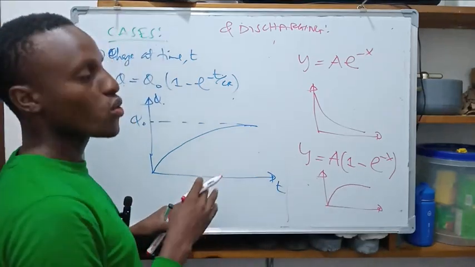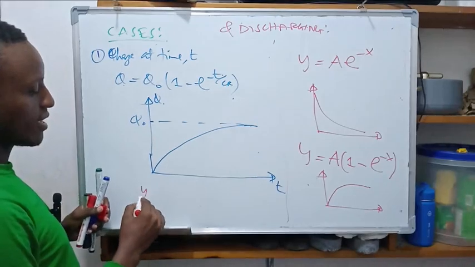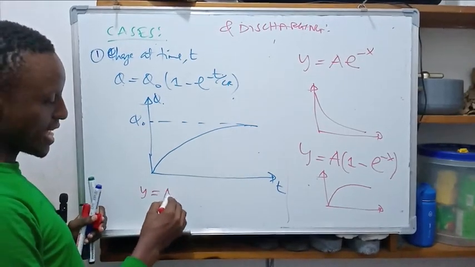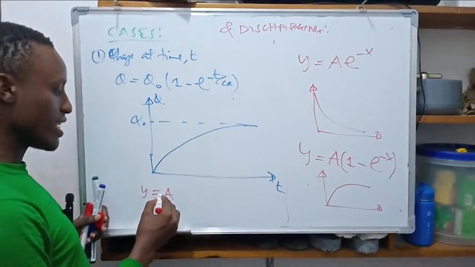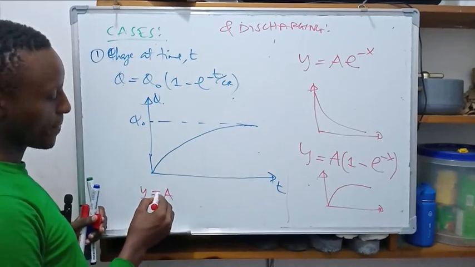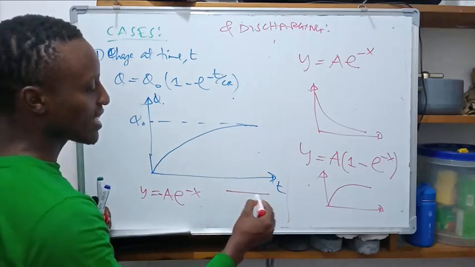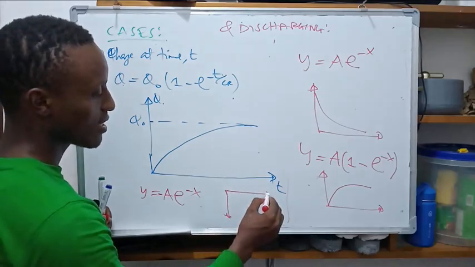When you see, for example, y equal to A, then negative e to the negative x, you draw it as negative, like that.